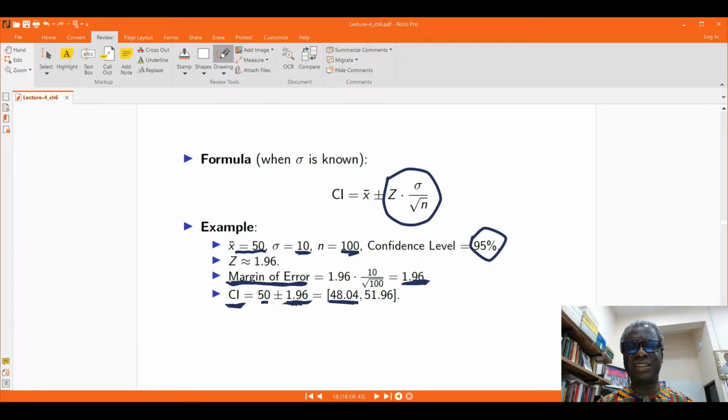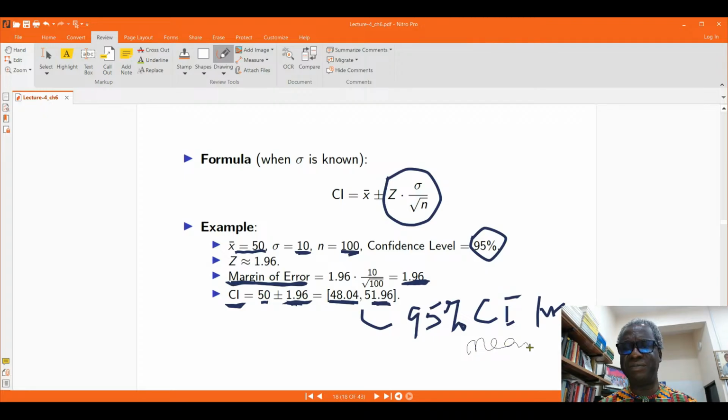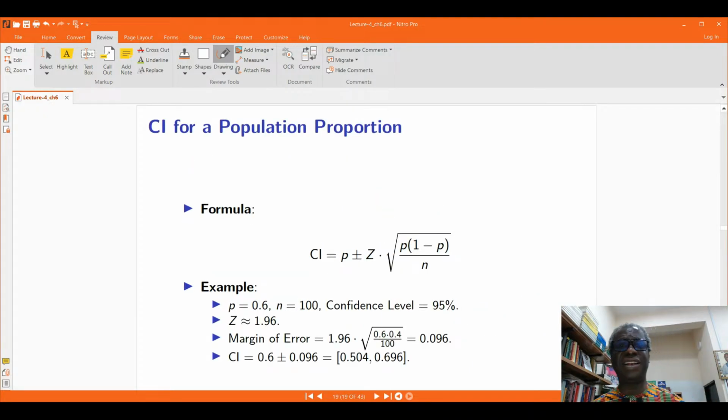If I add it, that gives this. So this interval is what we will now call the 95% confidence interval for the population mean. I hope that is very clear.